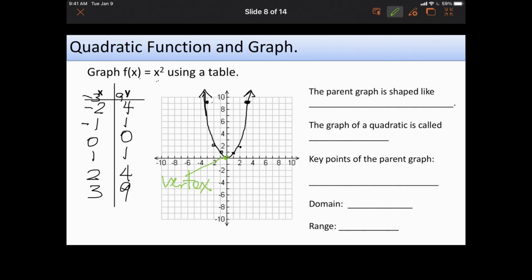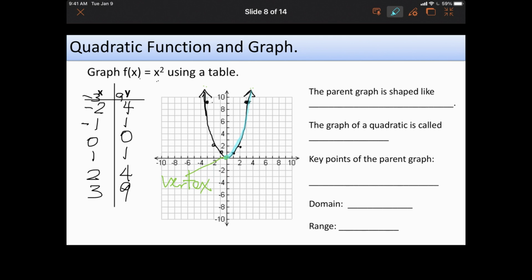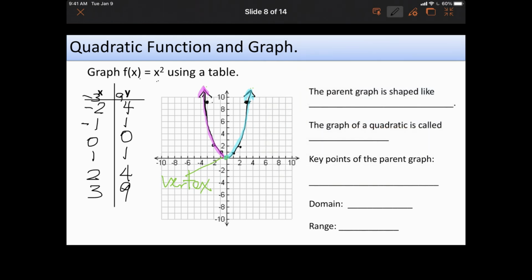It is symmetric like an absolute value over the y-axis. This side mirrors this side, just like the absolute value. But this is not V-ish. This is more, to me, shaped like a U. More U-ish.